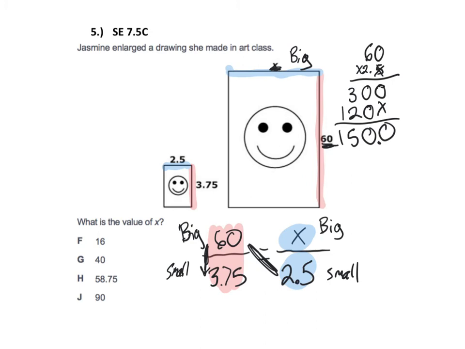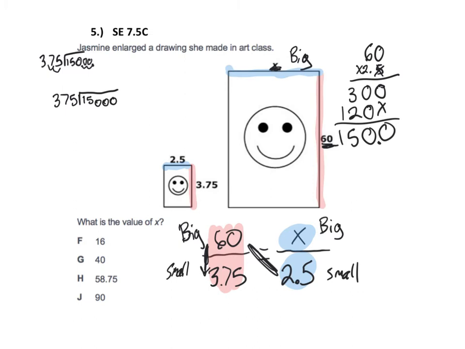So having 3.75 divided by 150, we have to move the decimal 1, 2. So we have to move this decimal 1, 2, and add 2 zeros. So now we get 375 divided by 15,000.